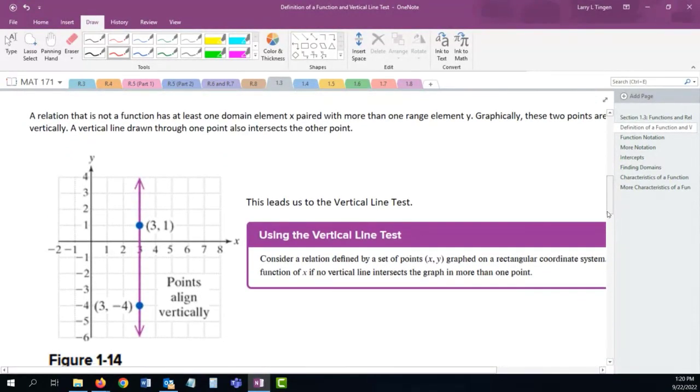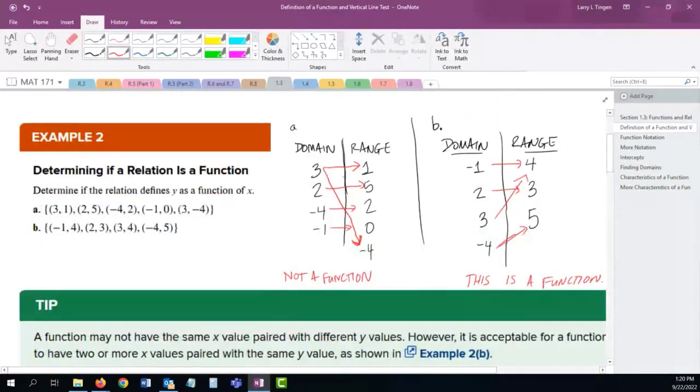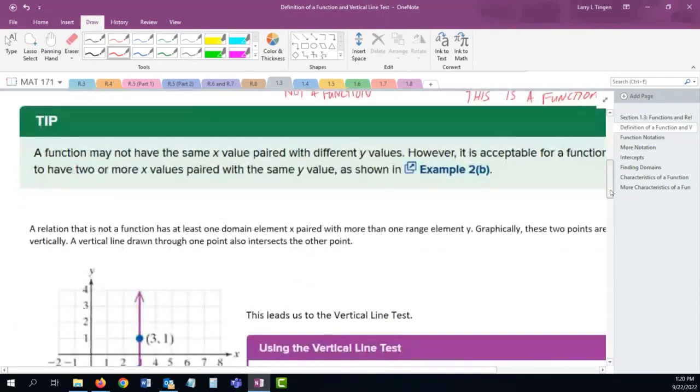All right. Now, when I have a relation that's not a function, what happens? Well, take a look at the example we have. I went from 3 to 1 and 3 to -4, right? So here in our example, (3, 1), (3, -4). What is that graph like?